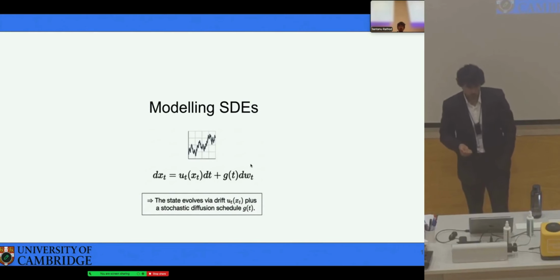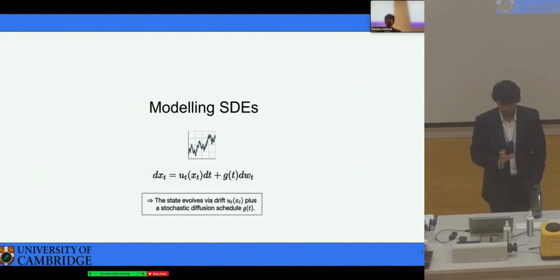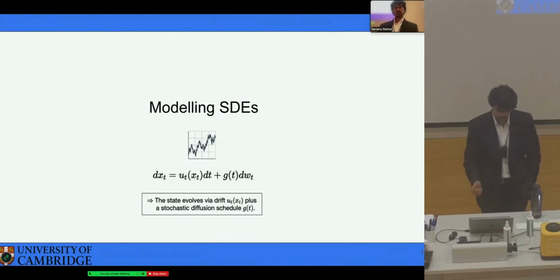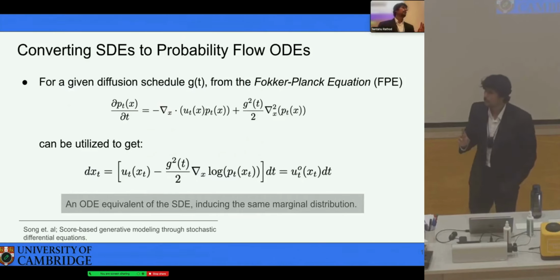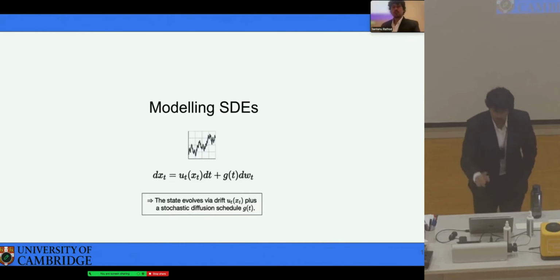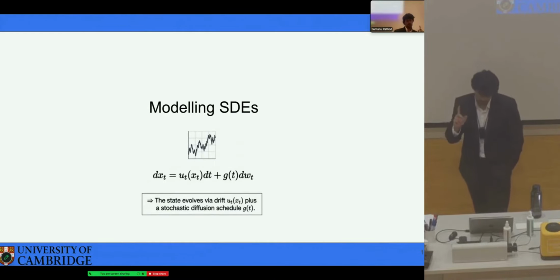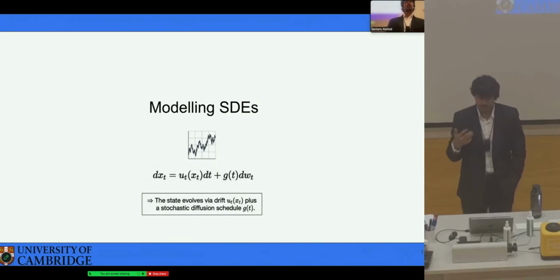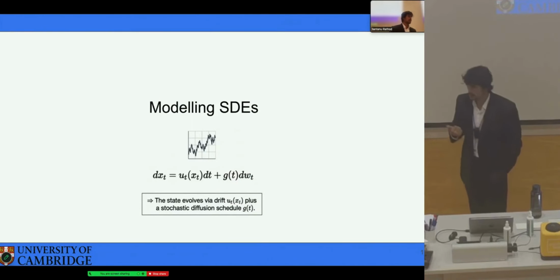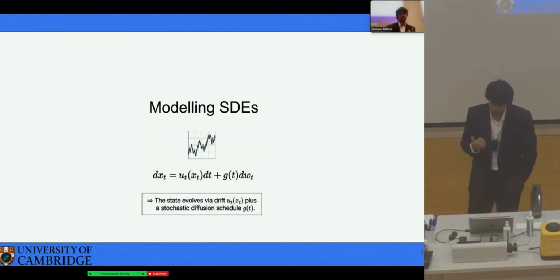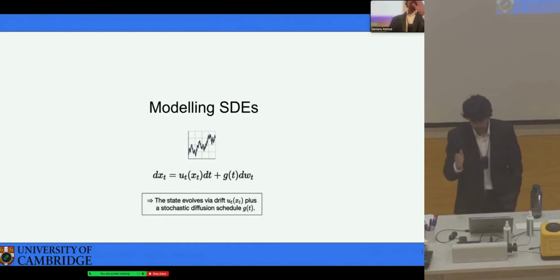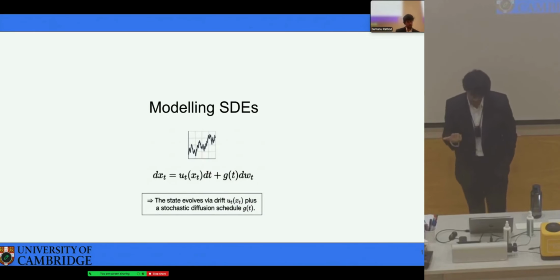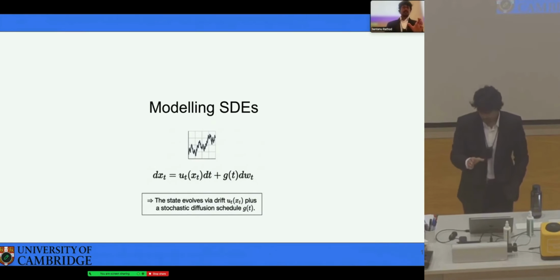So the state evolves based on the drift as well as the stochastic Brownian path, and we can use the same line of thought for modeling SDEs for cases where we know what the diffusion schedule is, or we know that the diffusion schedule is kind of constant. Only for these cases, we can definitely use the machinery that we've just built for the ODE case as well.